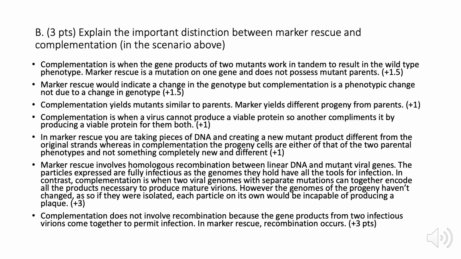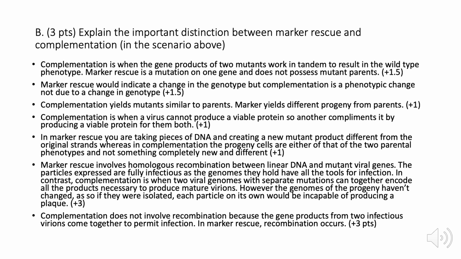So the first one says, complementation is when the gene products of two mutants work in tandem and result in the wild type phenotype. Marker rescue is a mutation on one gene and that does not possess mutant parents.